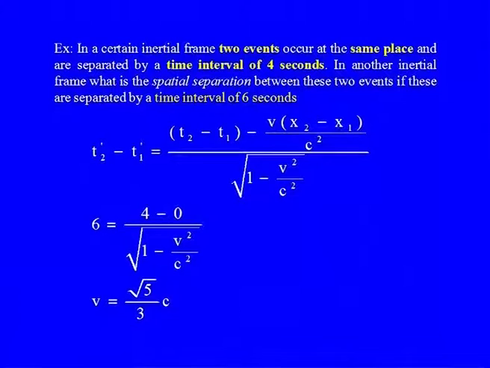How do you do it? It is T2 minus T1, minus V times x2 minus x1 divided by c square, over root of 1 minus v square by c squared. So, instead of T2 minus T1 in the prime frame you put 6, and T2 minus T1 in the S frame you put 4, and you find what V is, and this V in this particular case would be root over 5 by 3 times the speed of light.